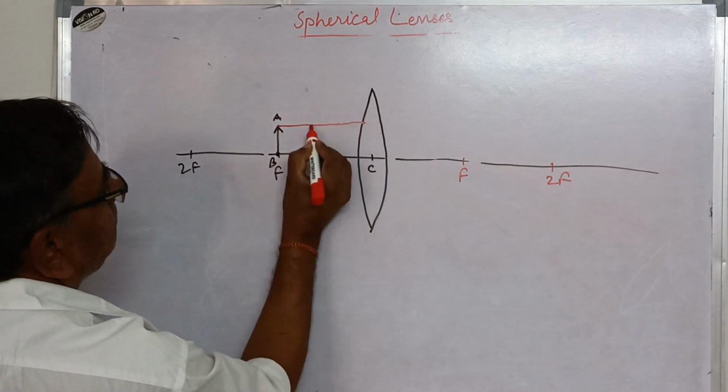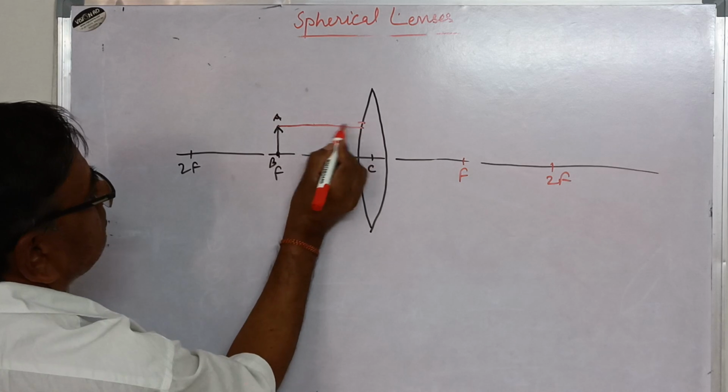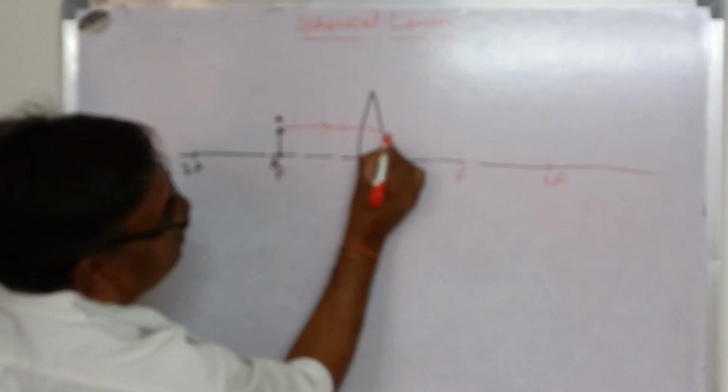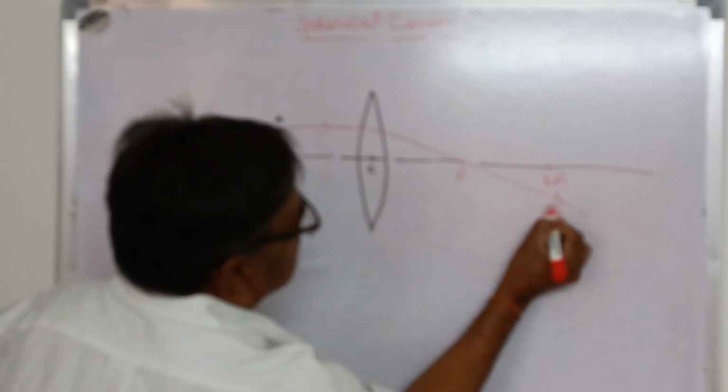This is a ray parallel to the principal axis, and this side this will pass from the focus.